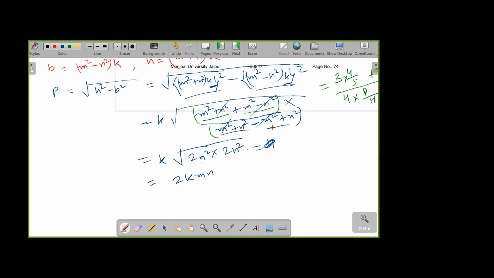Okay, I understand now. So this 2 becomes 2, and this k and this mn come out as 2kmn.